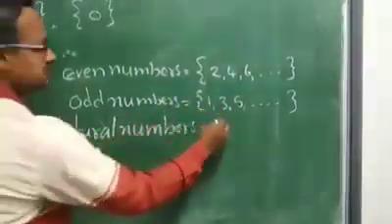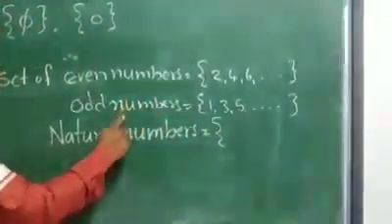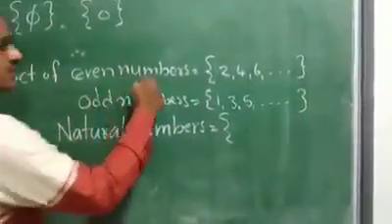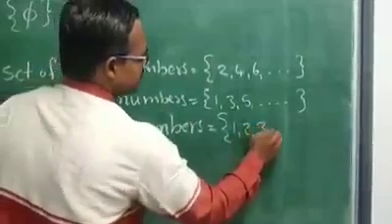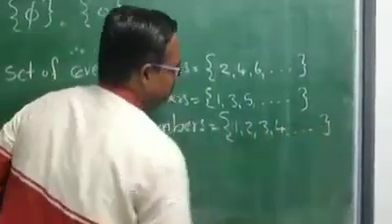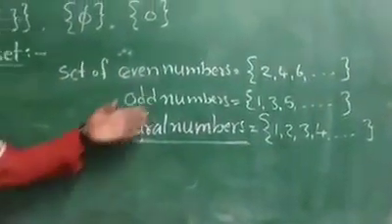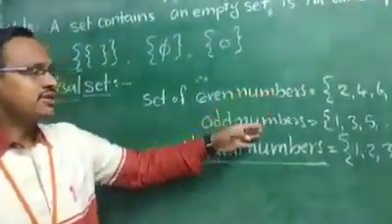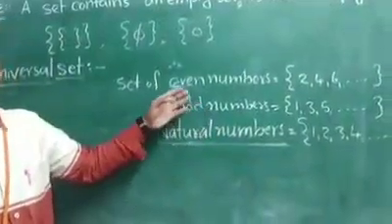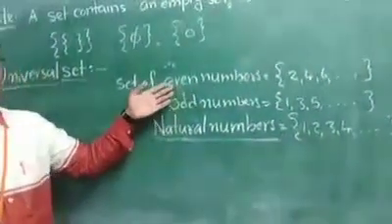So natural numbers means odd numbers and even numbers together are known as natural numbers. So here this natural number is the universal set for even numbers and odd numbers. I hope you are clear about this concept.